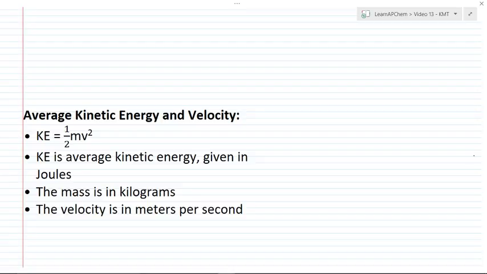Alright, so average kinetic energy and velocity. Our kinetic energy is given in joules, so KE here.